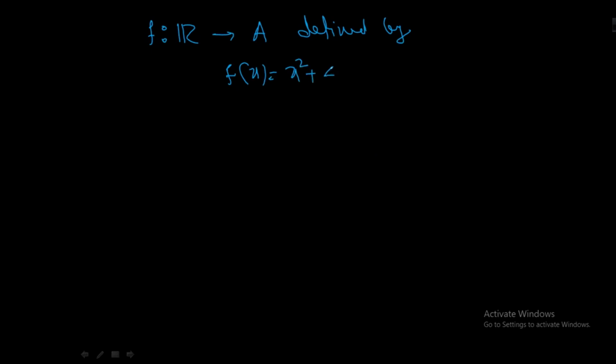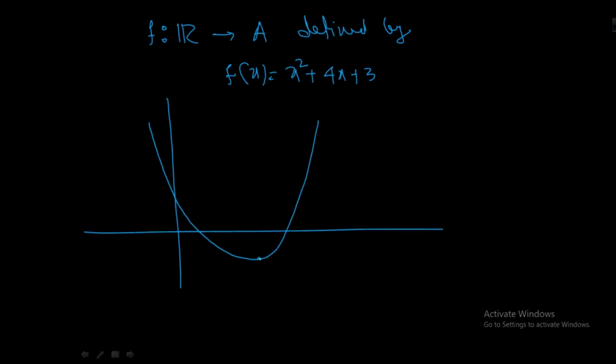Now if it is said that this function is defined as f from R to some set A, defined by fx is equal to x square plus 4x plus 3, then it is clear to you that the graph will be like this and the range set will consist of all of these points, starting from this particular point to infinity.